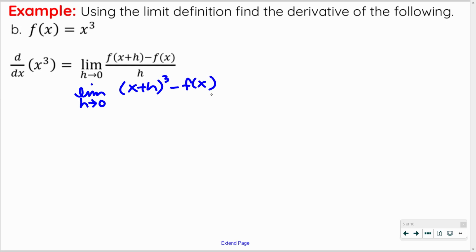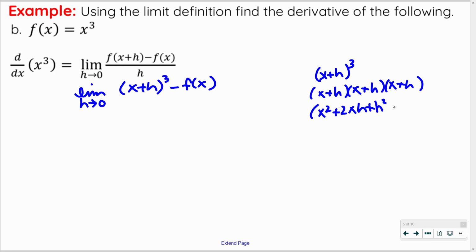Okay, so I'm going to expand that x plus h cubed on the side here because that's a really big one. So x plus h multiplied by itself 3 times. I'll do the first two, which I know is just x squared plus 2xh plus h squared, and then multiply that by x plus h.